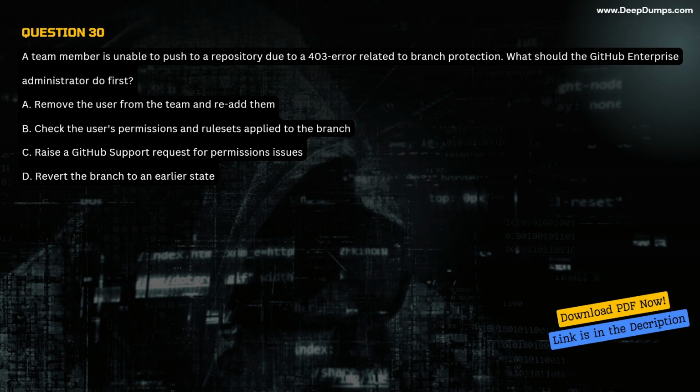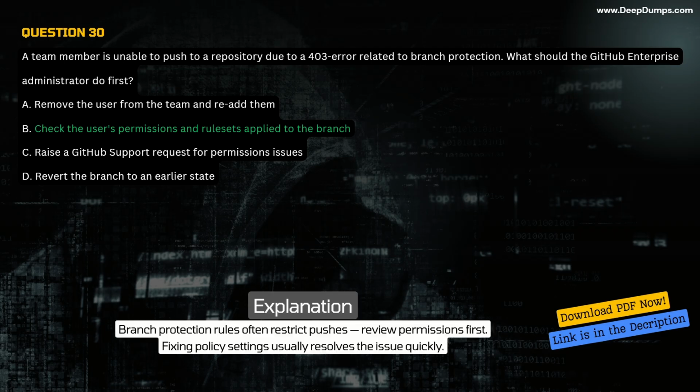D. Revert the branch to an earlier state. Correct answer B. Check the user's permissions and rule sets applied to the branch. Explanation. Branch protection rules often restrict pushes. Review permissions first. Fixing policy settings usually resolves the issue quickly.